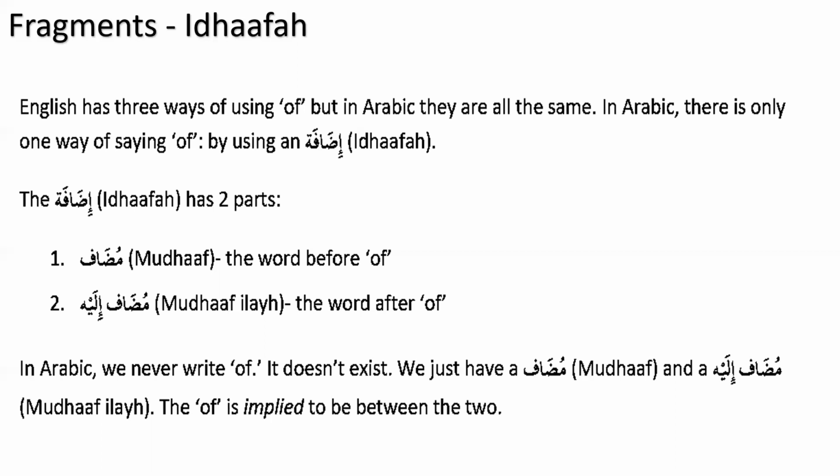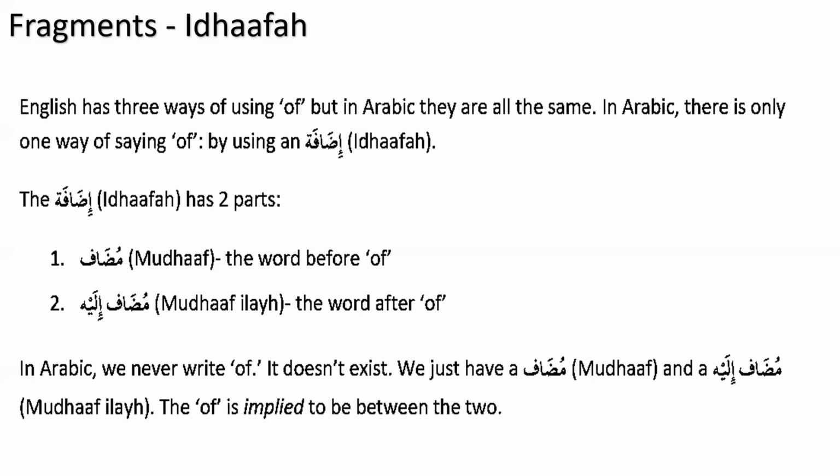As simple as that. Now, in Arabic, we never write the "of." There's no special word for "of." We just have a mudaf and a mudaf ilayh. The "of" is implied to be between the two. Like when we say rabbakum, your Lord, there's no "of," but we can say the same thing. There's a hidden "of."